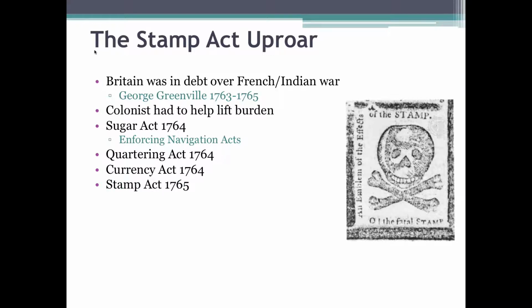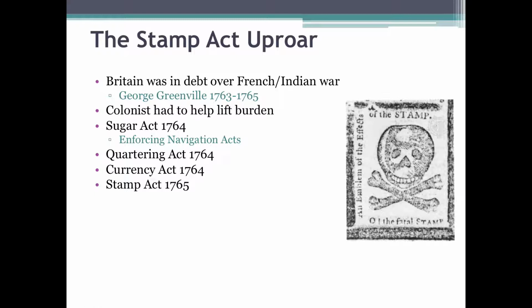And then we get to this dreaded thing known as the Stamp Act, 1765. And right over here, you see I have what this stamp would look like. It's an interesting concept.